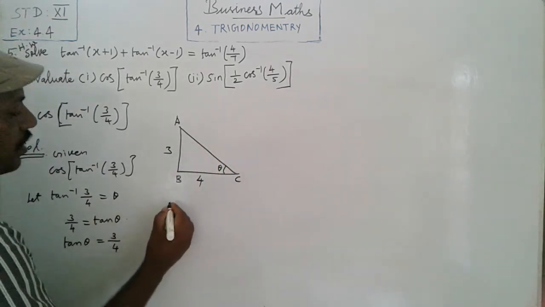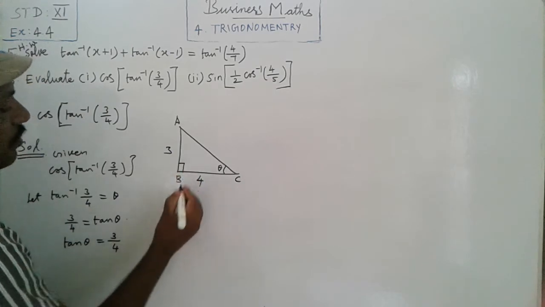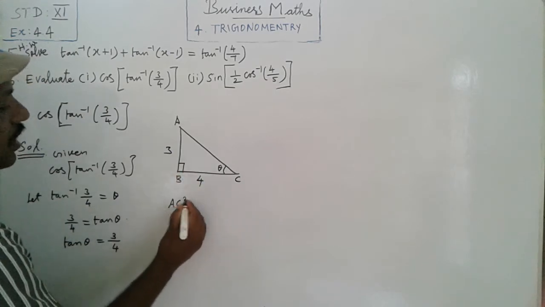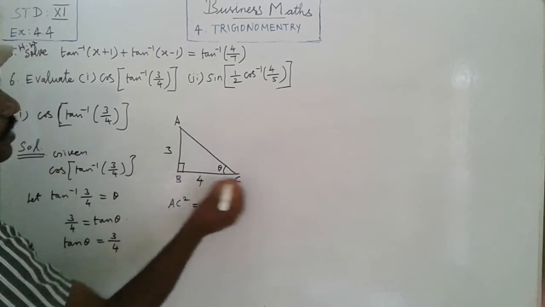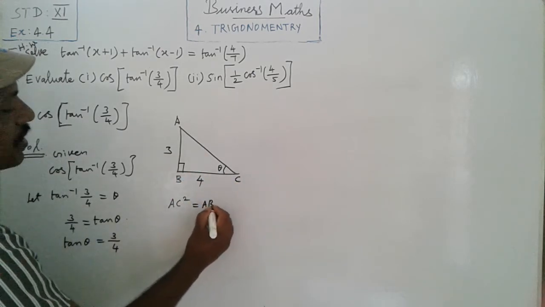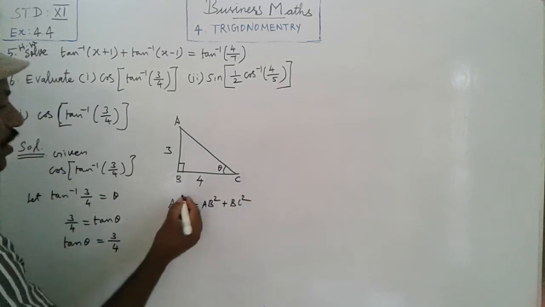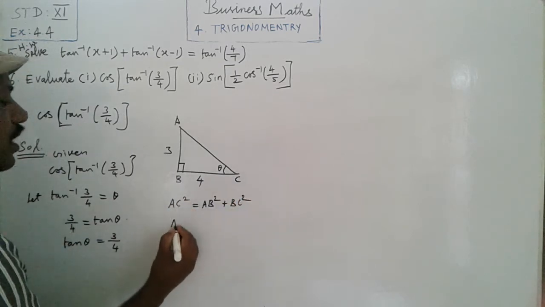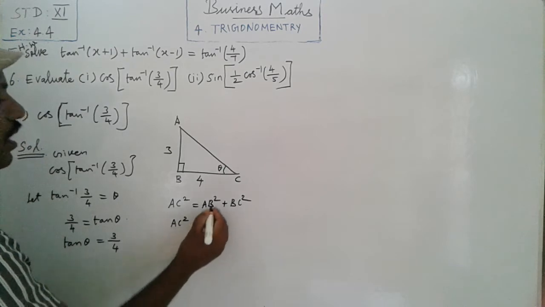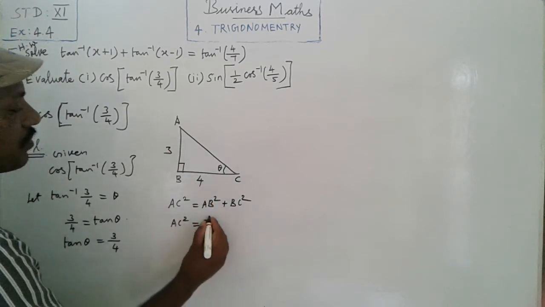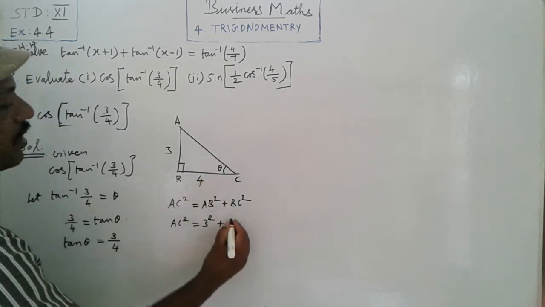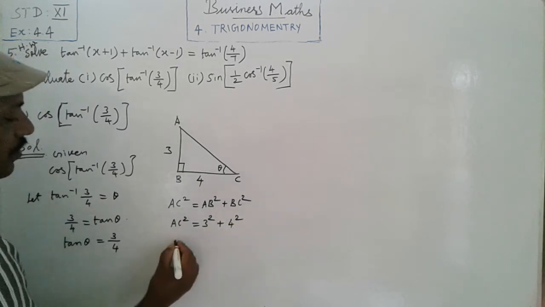We know the formula in a right triangle: AC square equal to AB square plus BC square. So AC square equal to AB square, 3 square, plus BC square, 4 square.